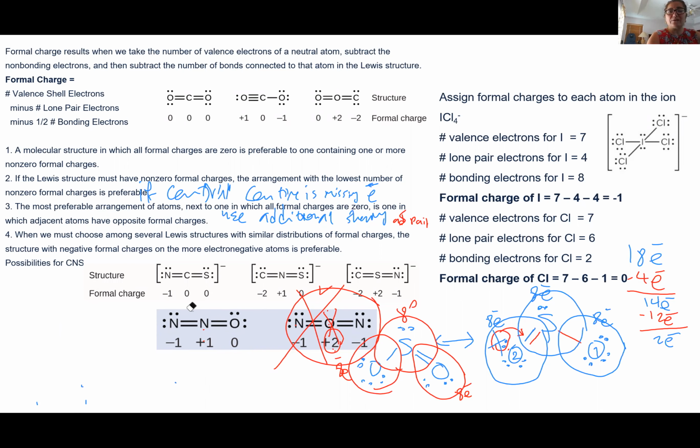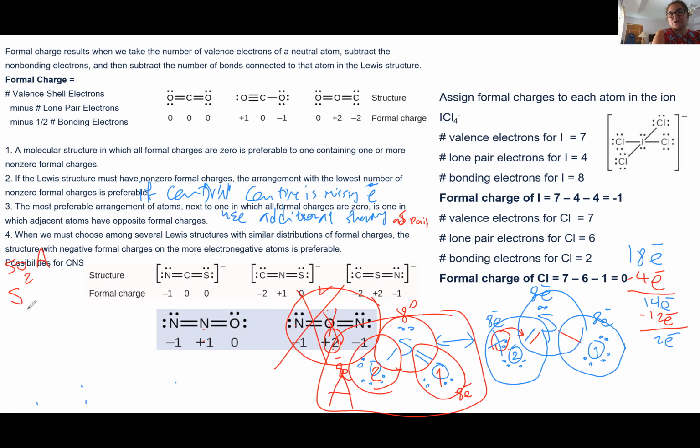So in order to calculate formal charge, I'm going to call this oxygen 1 and oxygen 2, and I'm going to call this structure A for sulfur dioxide, and I'm trying to find the formal charge for sulfur.